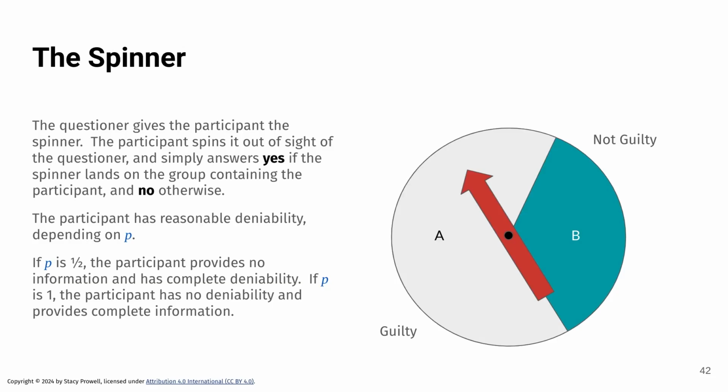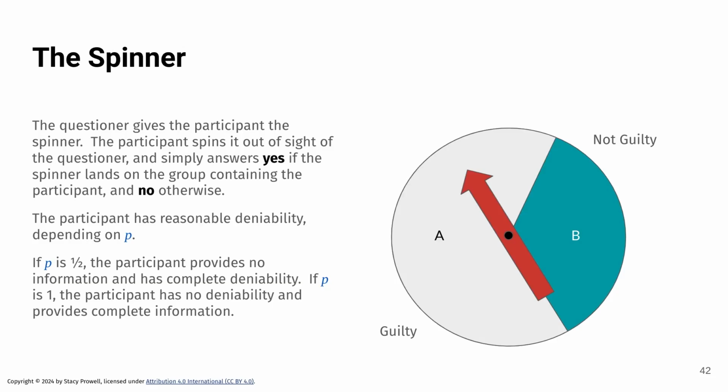Now, this depends on P, obviously, right? I mean, the extreme cases are pretty obvious. If P is 1, if the whole thing is group A, and you spin it, then I'm going to know, because you're going to have to say yes or no. And then at that point, your incentive to lie is back.